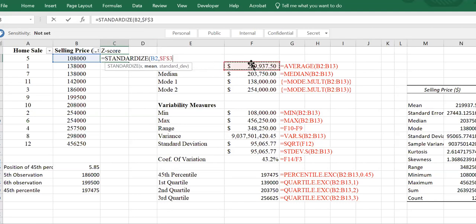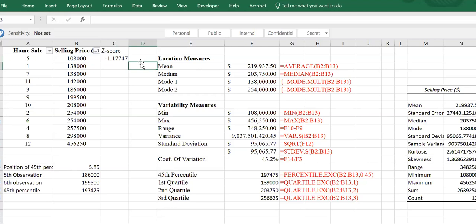I'm going to fix the mean and standard deviation. All right. Mean, standard deviation, and the X. X is going to change from one value to another, but the mean and standard deviation stay fixed. Or you can type average of these values, stdev.s of these values. It's not going to change anything. But this is the function that you can use for getting the Z-score.